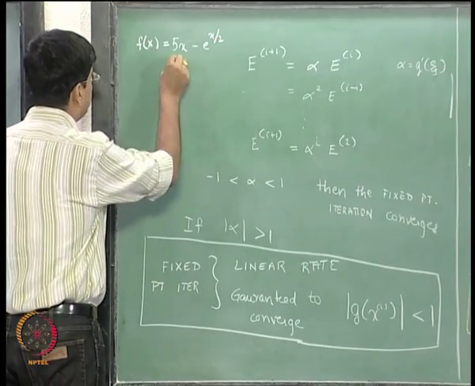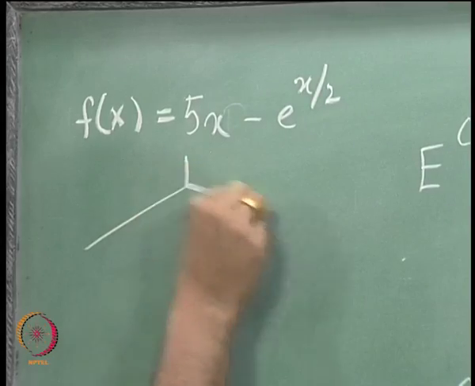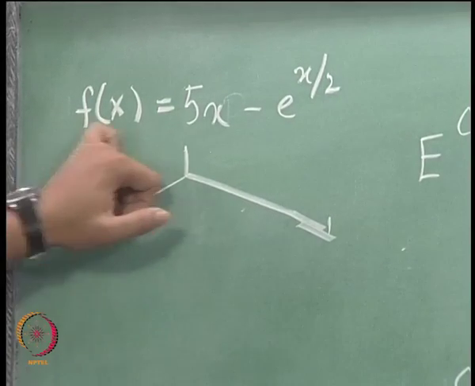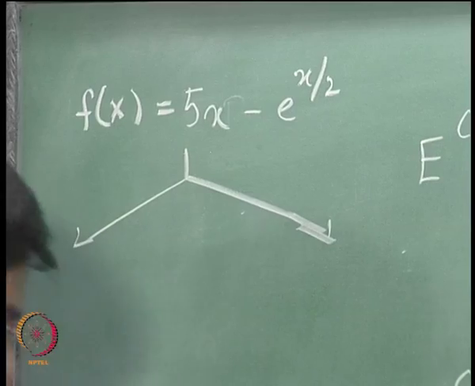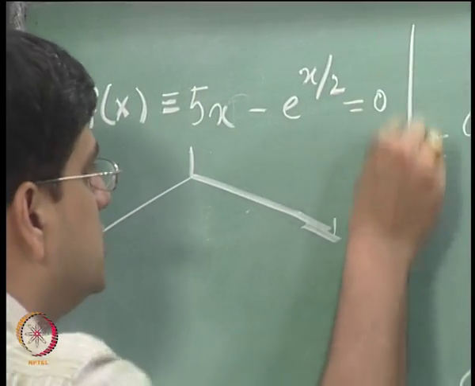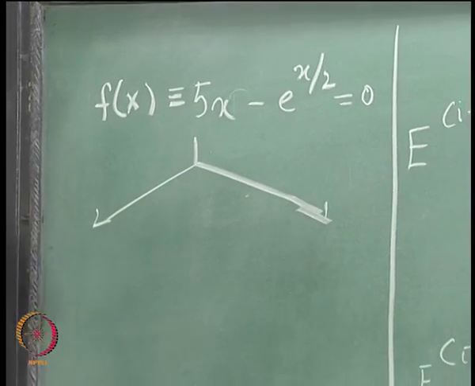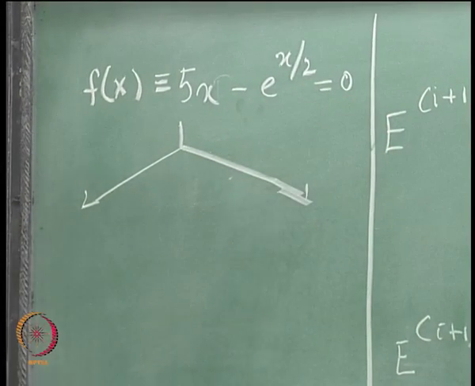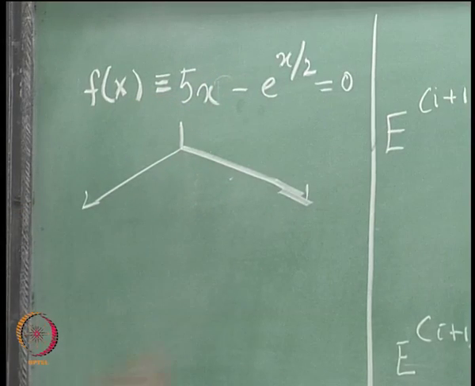Okay. And f of x written in this particular form, we can write in two different ways. So f of x equal to 0 is equivalent to two forms. We can take e to the power x by 2 onto the other side and divide by 5.